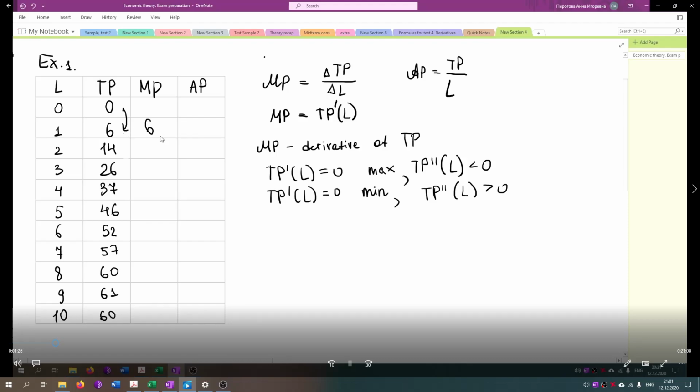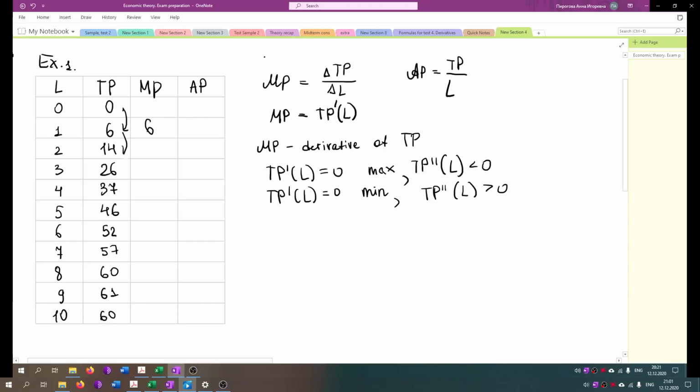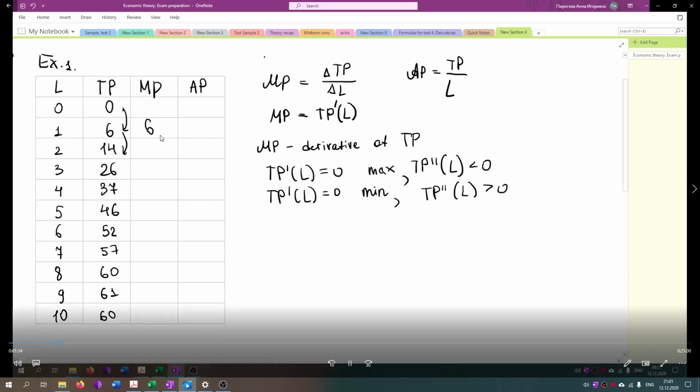The next step is to go from 6 to 14, and in this case 14 minus 6 will be equal to 8. From 14 to 26, 26 minus 14 will be equal to 12, and so on. So that is how we find our marginal product.